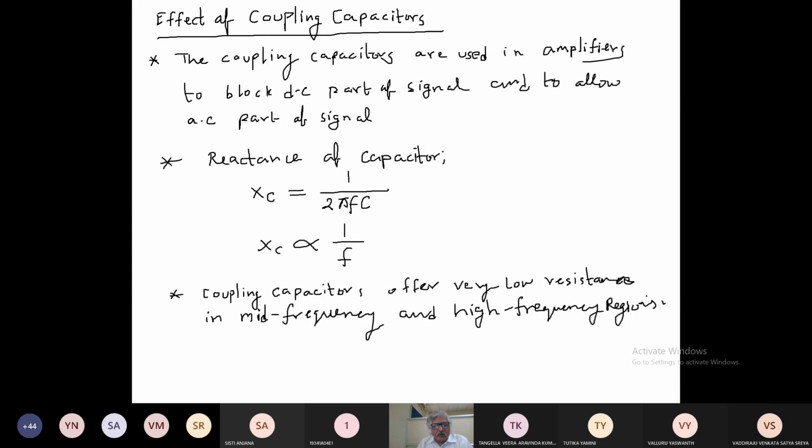So they do not have any effect in the mid and high frequency regions.